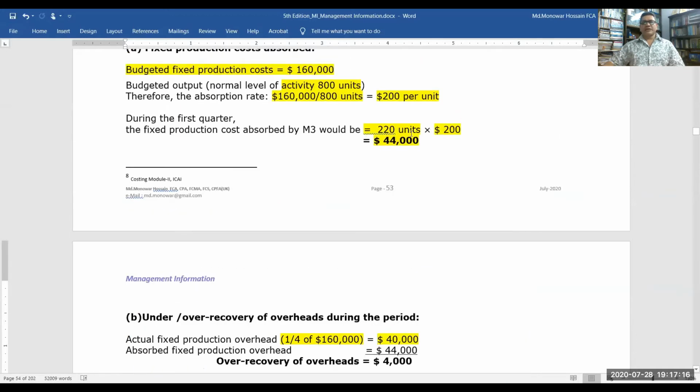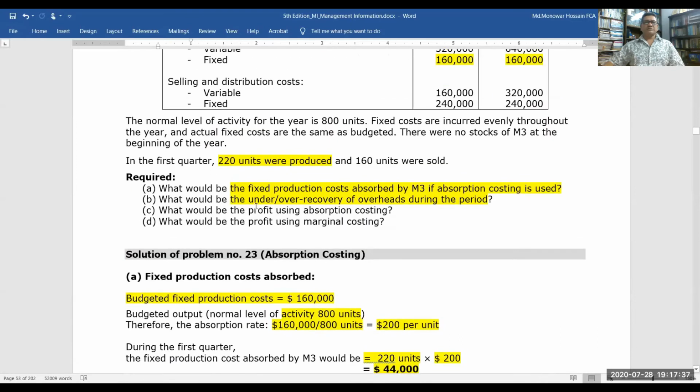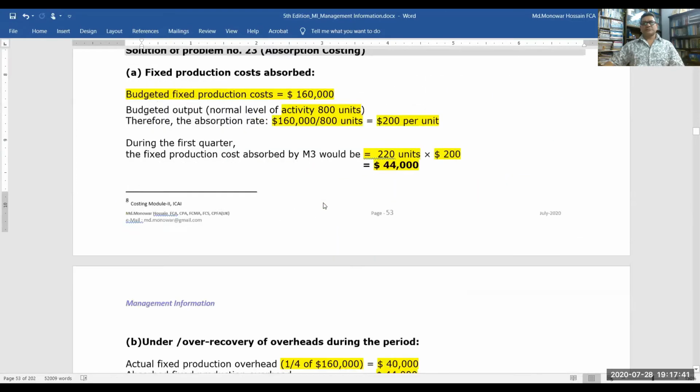But the absorbed amount we calculated is 44,000. If we subtract 40,000, we get an over recovery of overhead of 4,000.